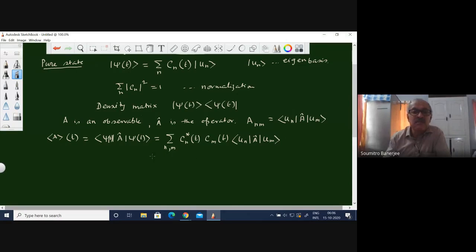So this is nothing but the sum over n, m of C_n star(t) C_m(t), and then this is the nm element of the A matrix. Okay.